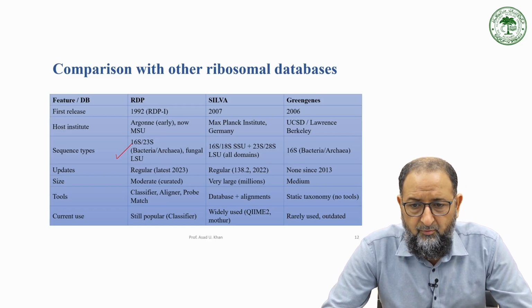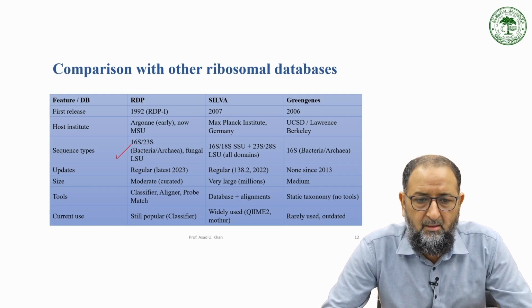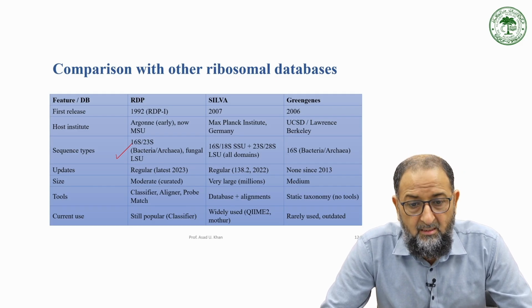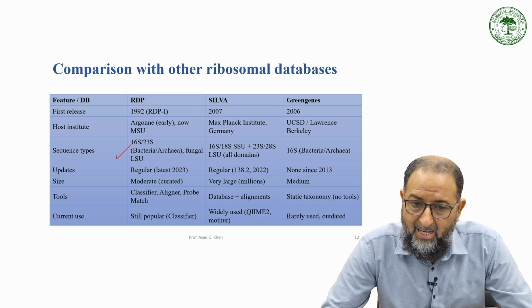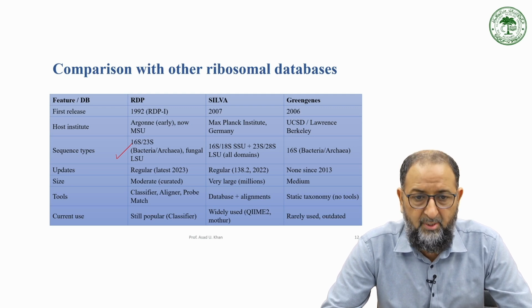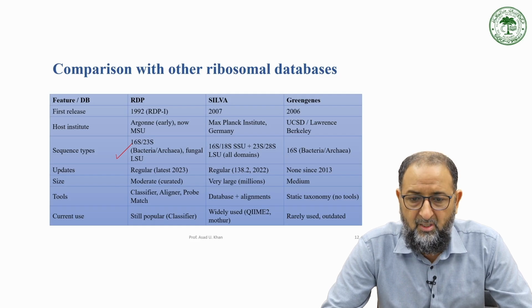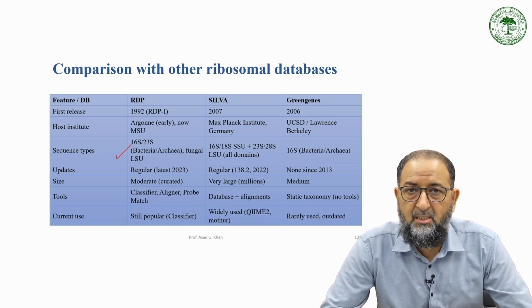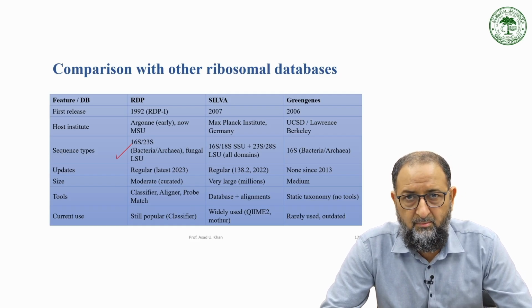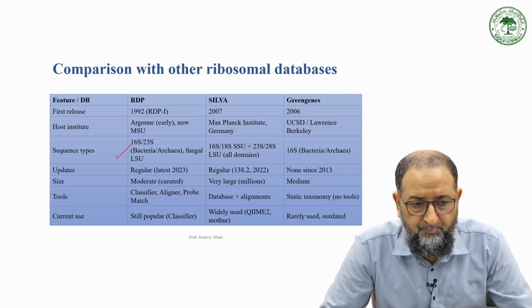Then in the case of Greengenes, it is medium sized. As for tools, classifier, aligners, and probe match are present in RDP. Database plus alignment is present in SILVA, with a static taxonomy, but no tools are available in Greengenes.